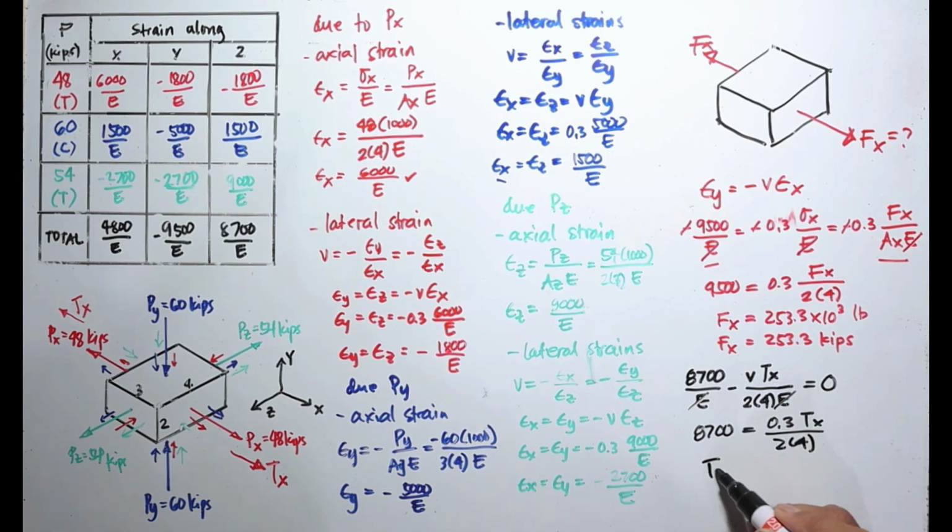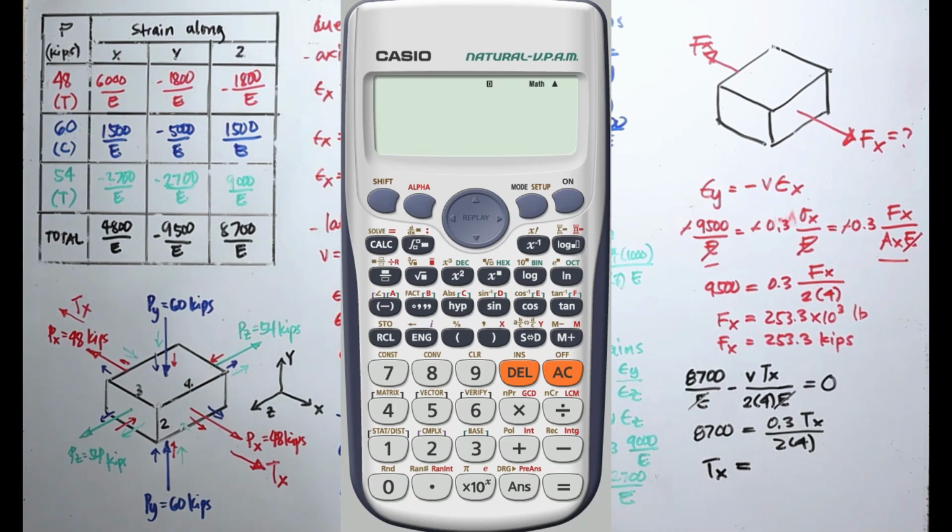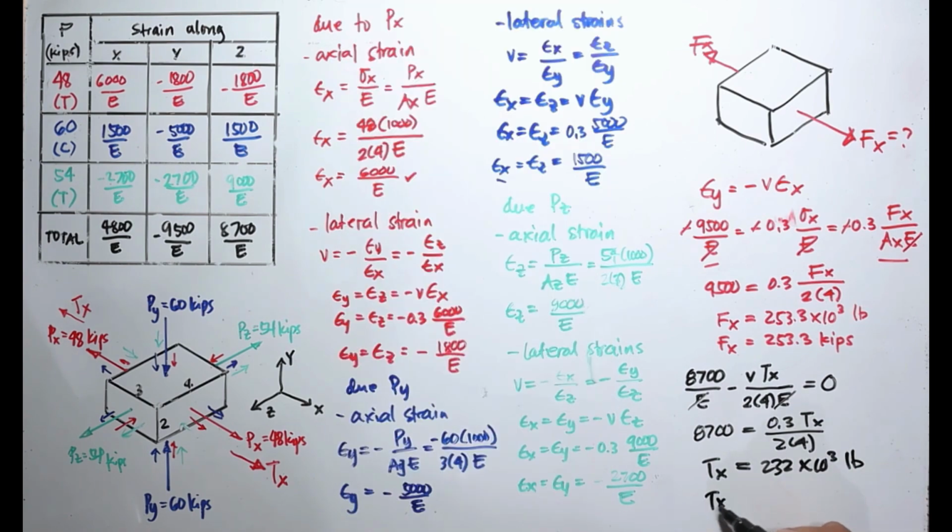That means our T sub x equals 8,700 times 2 times 4 divided by 0.3, equals 232 times 10 to the power of 3 pounds, or that is 232 kips.